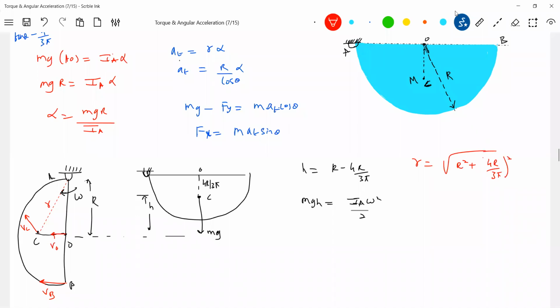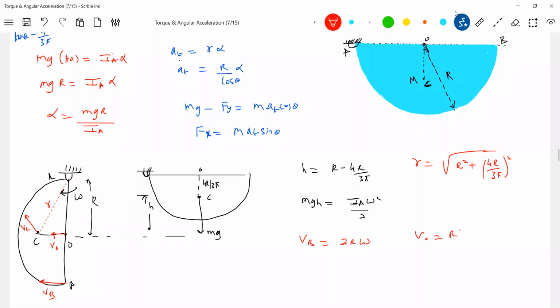I'm trying to explain many concepts in one numerical so that you can manage rather than doing many numericals. I can ask you, when the line AB becomes vertical, what is the angular velocity, and what is the velocity of center of mass? So you should use this particular formula. If you know I_A, the moment of inertia, substitute, you'll get omega. Then you can calculate linear velocity. So what is VB? It should be equal to 2R omega.